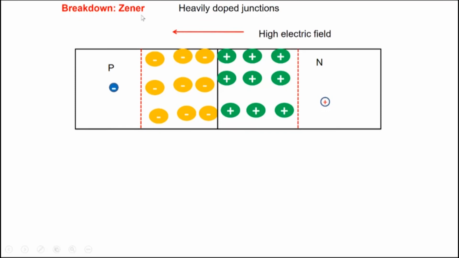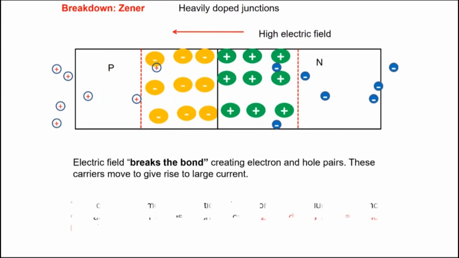So we call this process a Zener breakdown, and often it occurs in very, very heavily doped junctions here. So all this field ionization is occurring here. So the electric field breaks the bond, creating electron hole pairs.